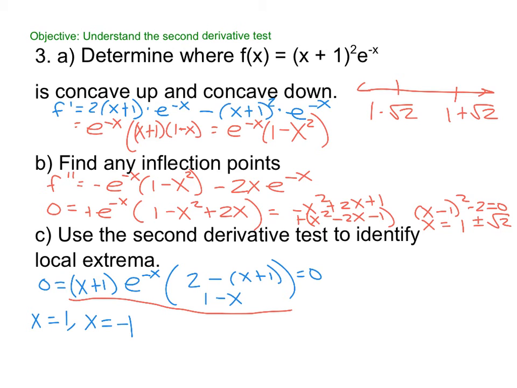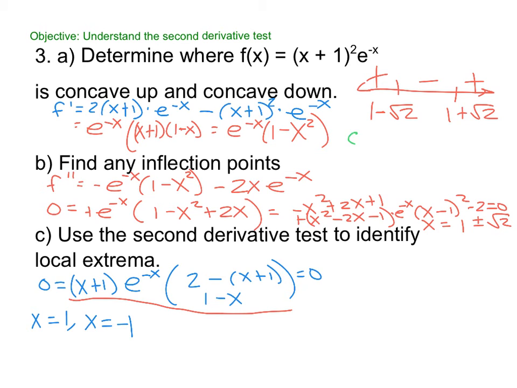Alright, so let's see. If we plug in 0, we get a negative. We plug in 5, we get a positive. Plug in negative 5, we get a positive. Ugh, that was a terrible problem.